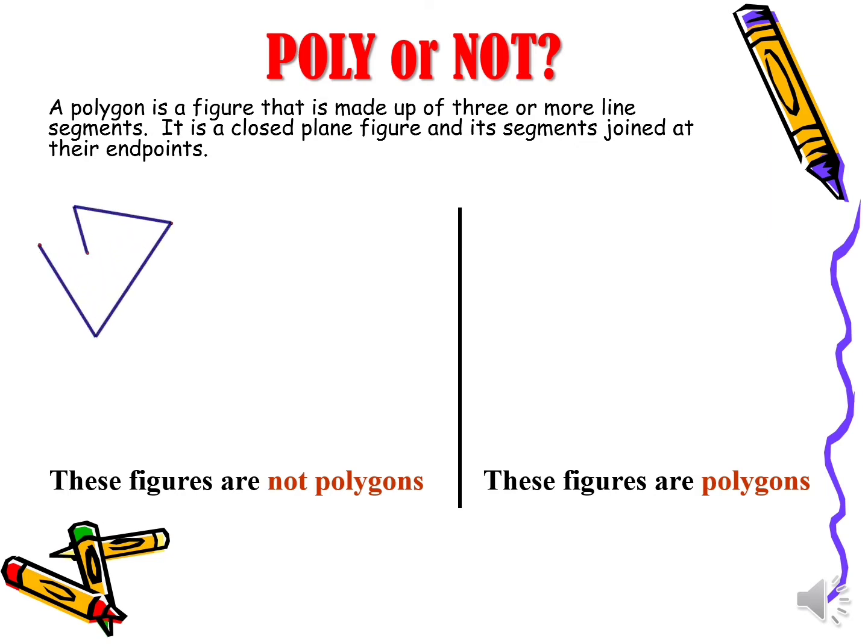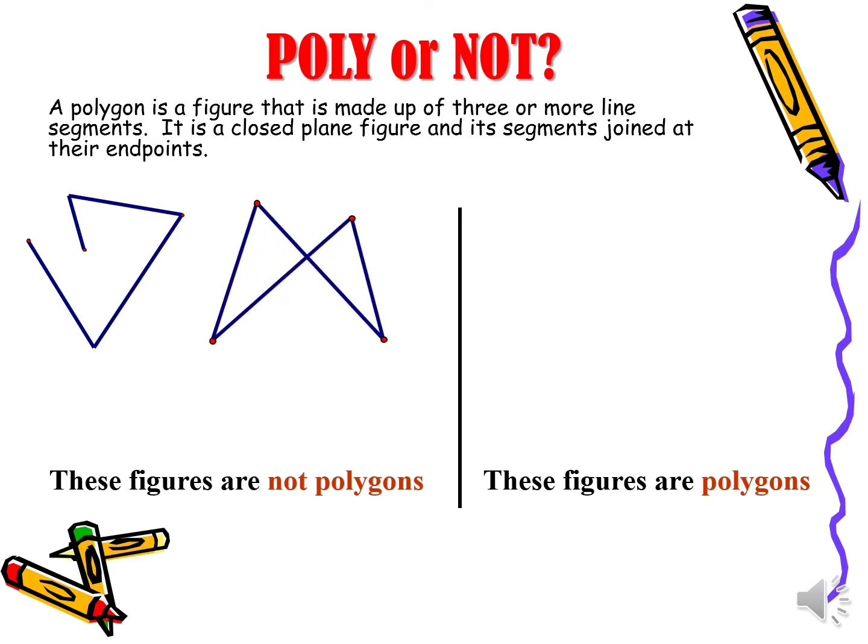If you look at the first figure, there is an opening. That means that it is not qualified as a polygon. The next one is a closed plane figure, but aside from its segments joined at their endpoints, there is also an intersection in between the segments.